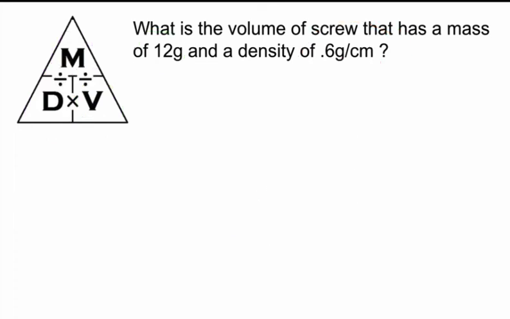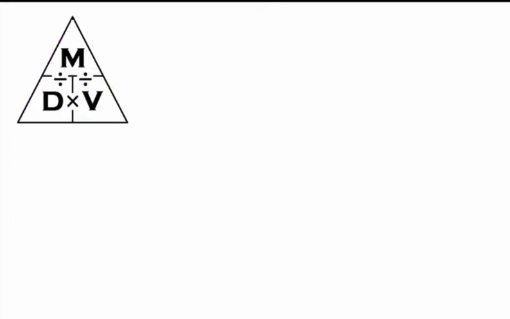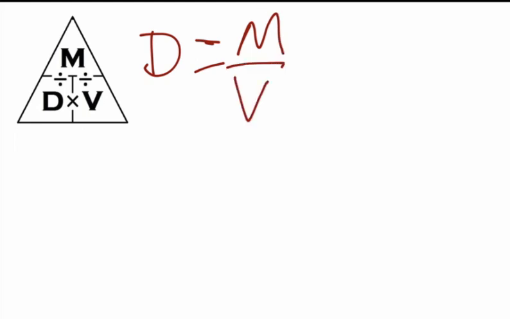So, a couple things to remember. The formula for density is density equals mass divided by volume. The basic unit for mass is grams, which is what we usually use, and sometimes we use kilograms.